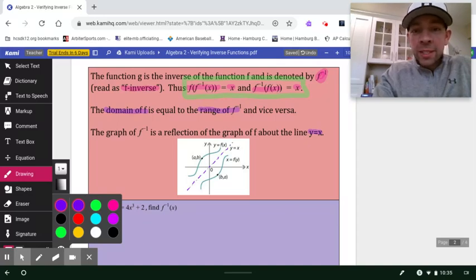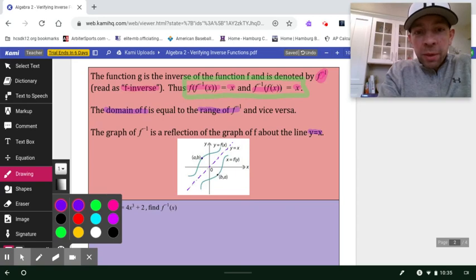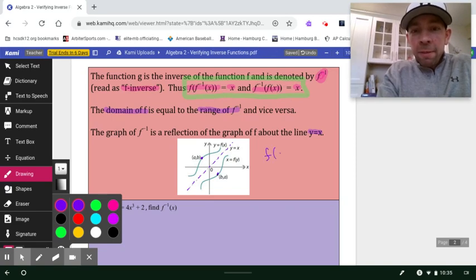When you're reflecting something over that line, this point right here, which is (a, b), becomes (b, a).